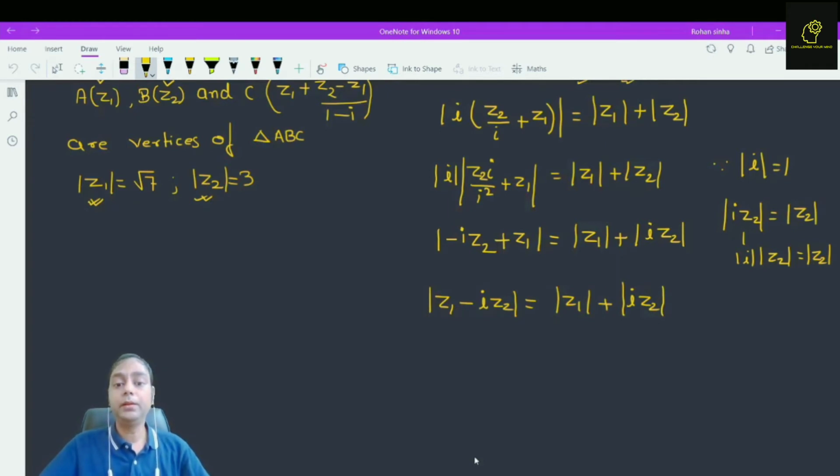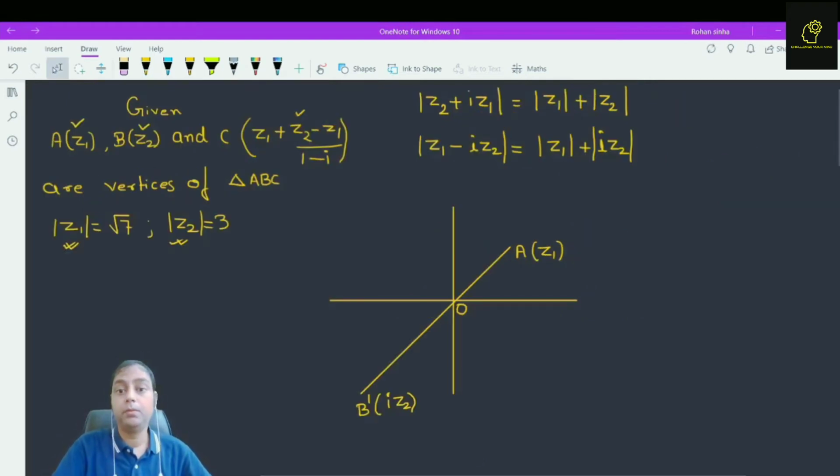Now I am representing this in the Argand plane. Let us suppose this is equation 1: modulus of (z1 - i z2) is equal to modulus of z1 plus modulus of i z2.